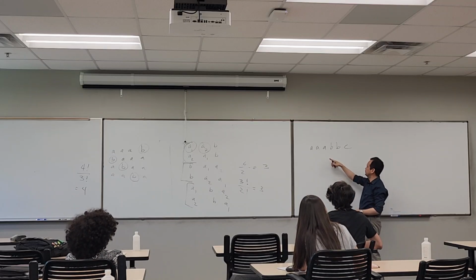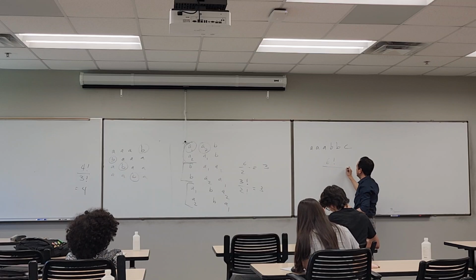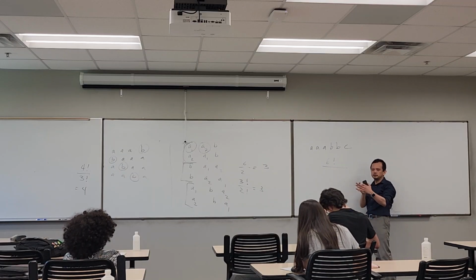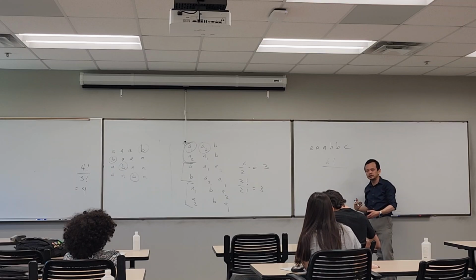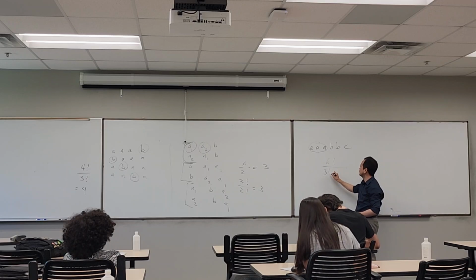So very good. So this would be, first imagine that these are all different letters, in which case it would be 6 factorial to arrange all 6 letters. But now you have to divide by the number of ways that duplicate letters can be arranged within each unique group. So if you look at only the A's, there are 3 factorial ways to arrange the A's.